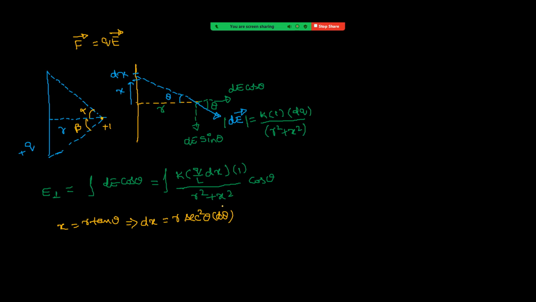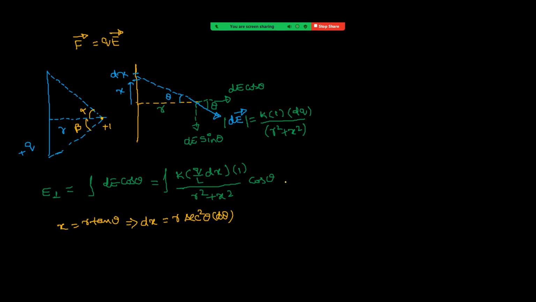Now substitute in the place of x. It is r squared tan squared theta, so I'm taking r squared outside. It becomes r squared secant squared theta, and dx is r secant squared theta d theta.